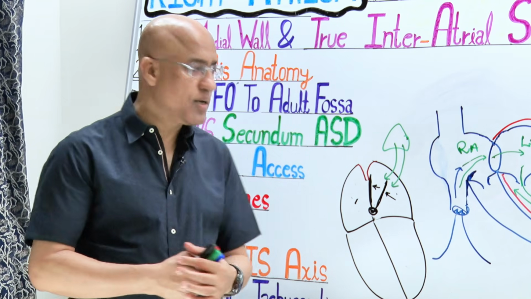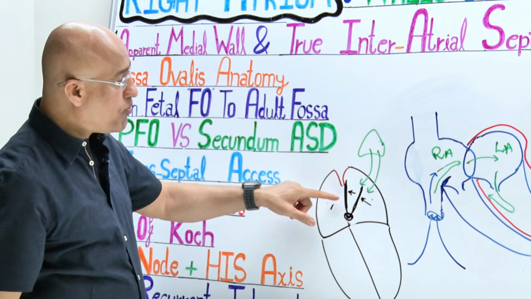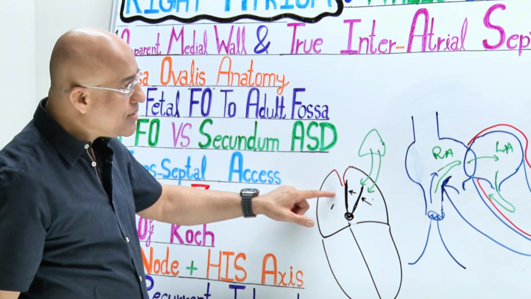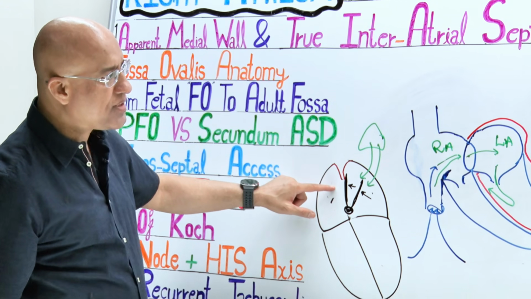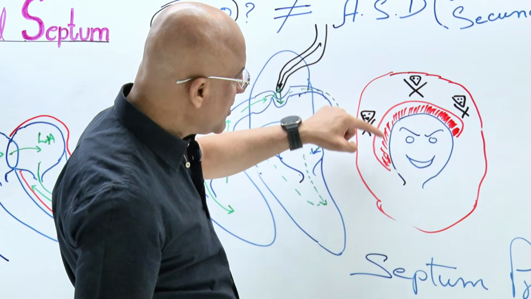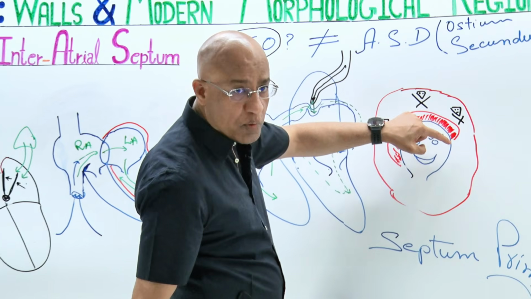Now, once it closes, we say the foramen ovale is no more there, but there will be a little depression still present, because atrial enfolding is making a thick margin around it.